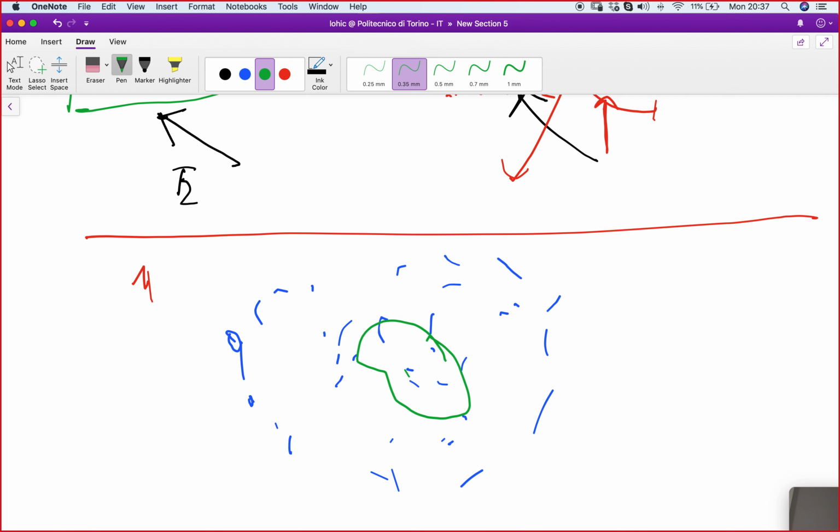If you put the conductor inside and this conductor is in equilibrium, the field inside will become 0. Is that clear?